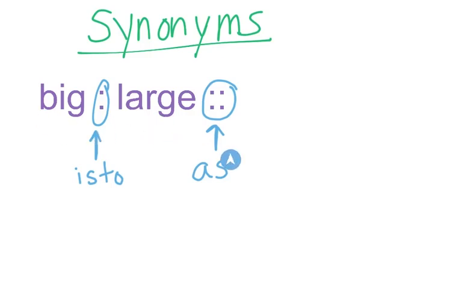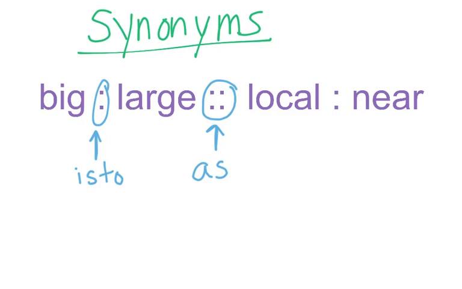They just need to mean the same thing as each other. So my second pair reads local is to near. So certainly these two pairs do not match because they don't mean the same thing as each other. But this pair is a pair of synonyms, and this pair are synonyms.